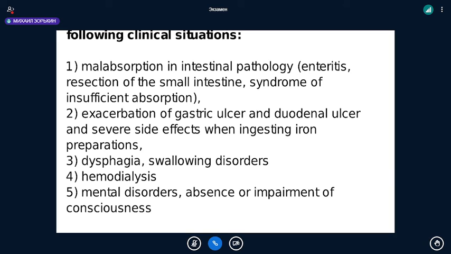So, for example, 2 tablets of Sorbifer Durules. And after that, periodically, dynamically, the level of serum iron will be detected in the blood, starting from 1 hour after intake of the iron supplements.